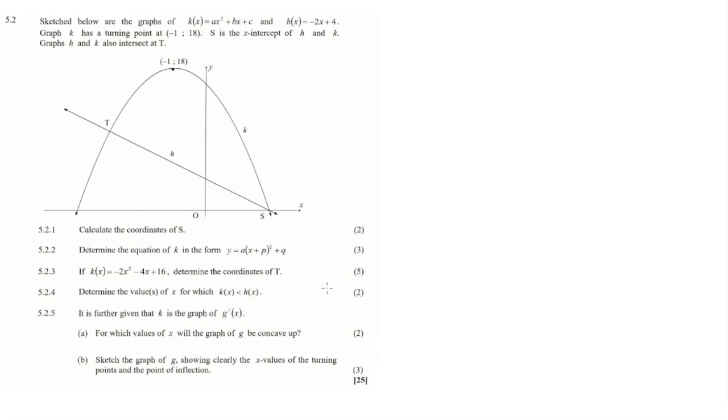Now 5.2.1: calculate the coordinates of S as stated above. S is the x-intercept of h and k.